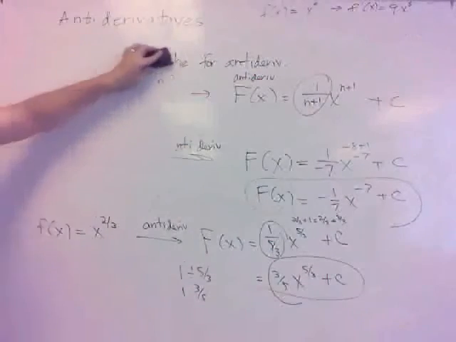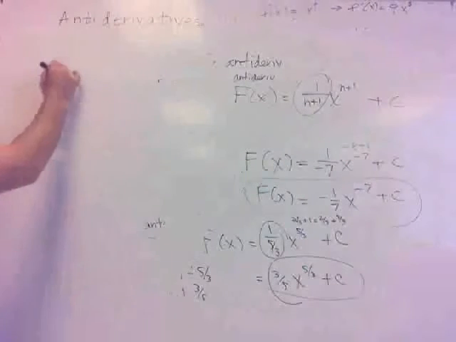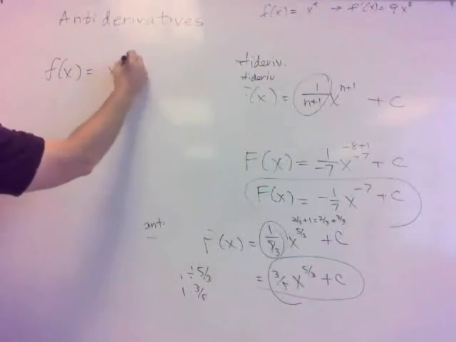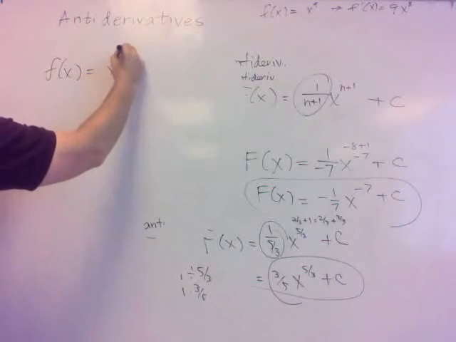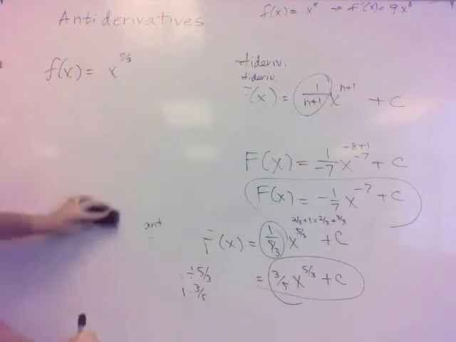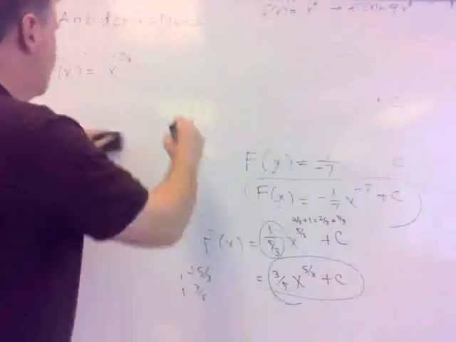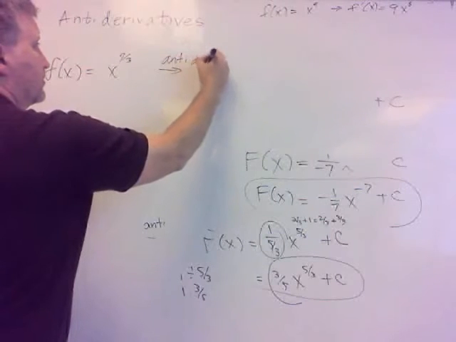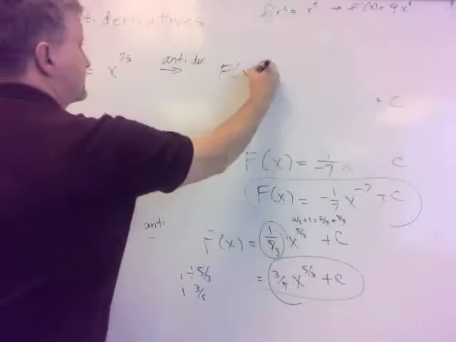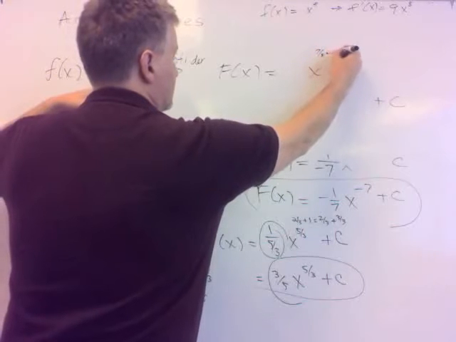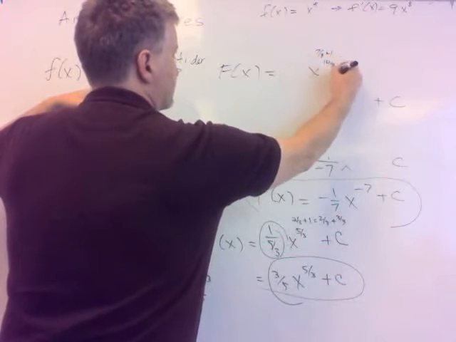So if I had f of x equals x to the 7/3, what's the antiderivative there? Big F of x. Well, the new power would be 7/3 plus 1, which would be 10/3.